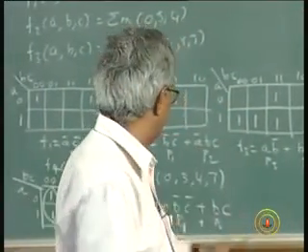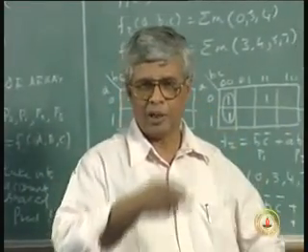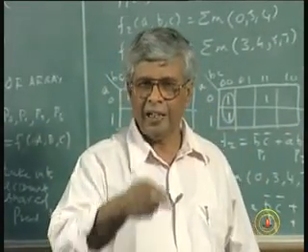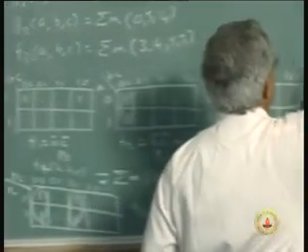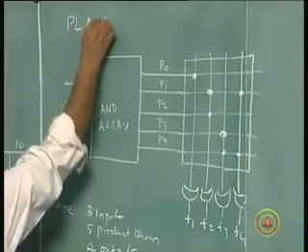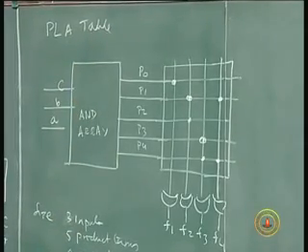Then I come with this table, the PLA table. Input ABC, product terms will be generated, and product terms will be combined for F1, F2, F3, F4. They call it the PLA table, programmable logic array table. You have to generate a PLA table which will give you the inputs and the product terms.